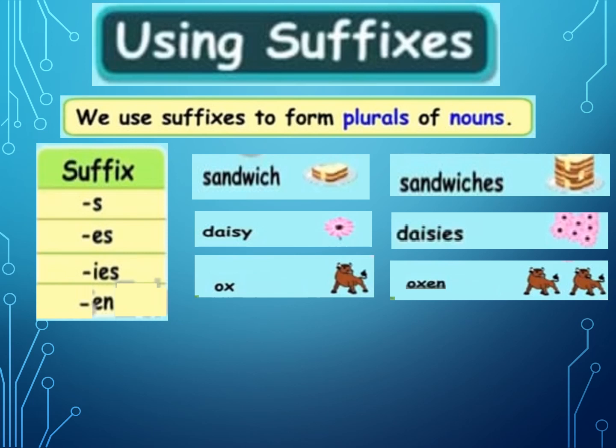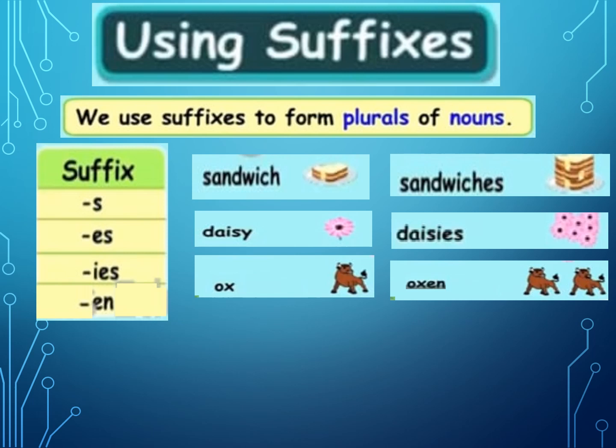Now, how do we use suffixes? We use suffixes to form plurals of nouns. Some common suffixes are s, es, ies, en.